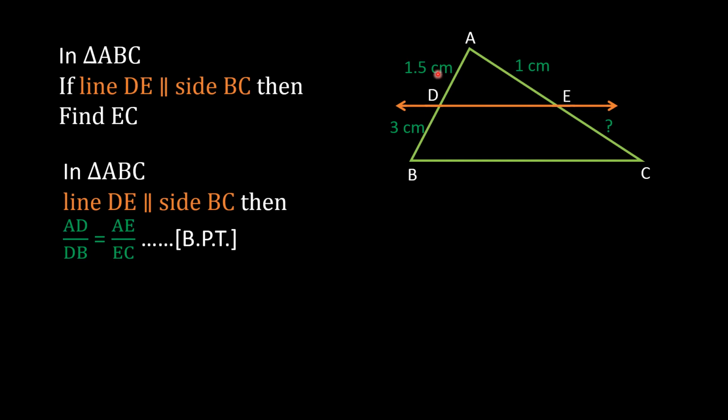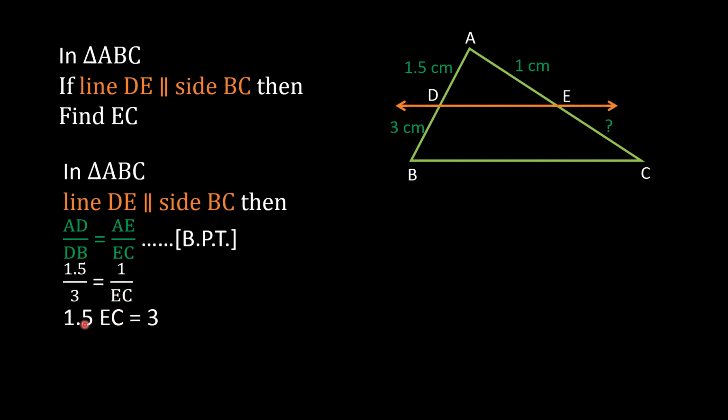Now we will substitute these values here. So AD is 1.5, DB is 3, AE is 1, and EC we have to find out. So first we will cross multiply.